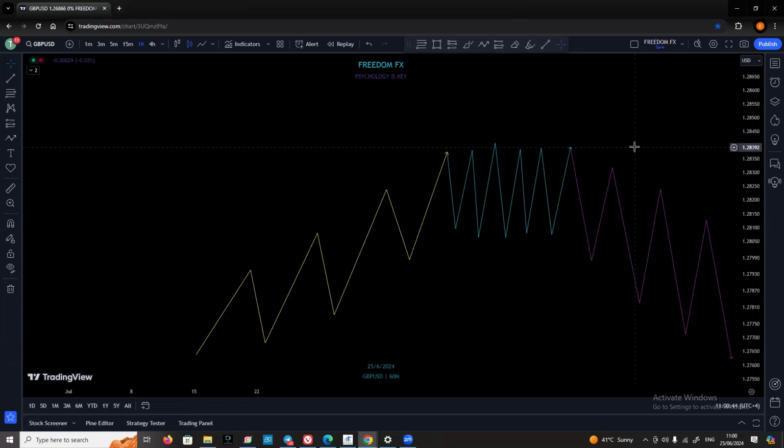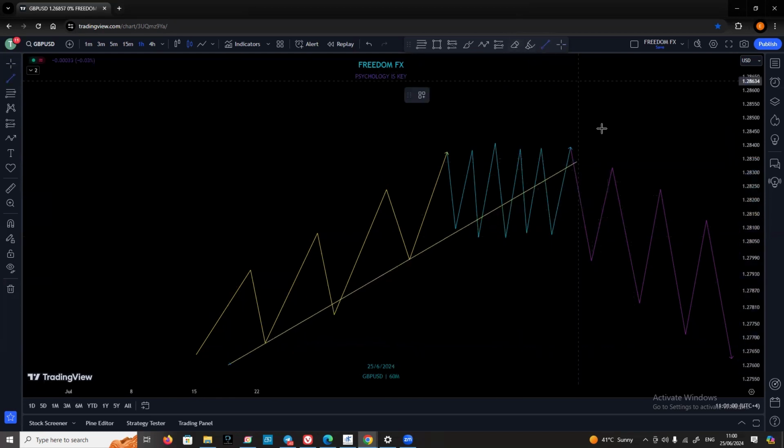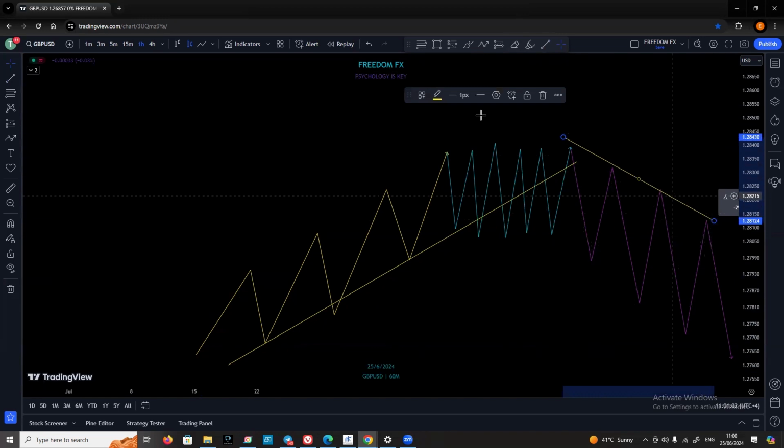And a very important factor we all need to bear in mind is always make sure you trade with the trend. Always make sure you trade with the trend. Over here we have a very good trend, and over here we have a very good trend.